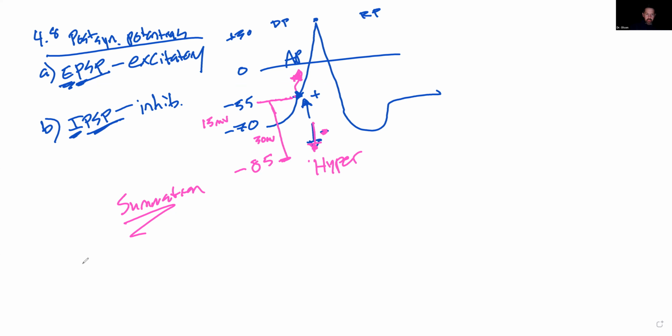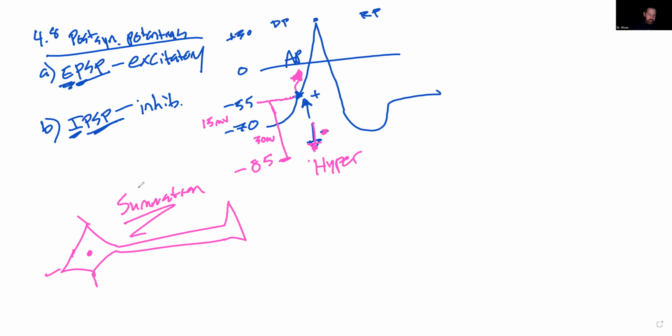Okay, so if we want to look at that generic neuron, right? So we have the neuron cell body, then we see the axon, and then the axon terminal here.